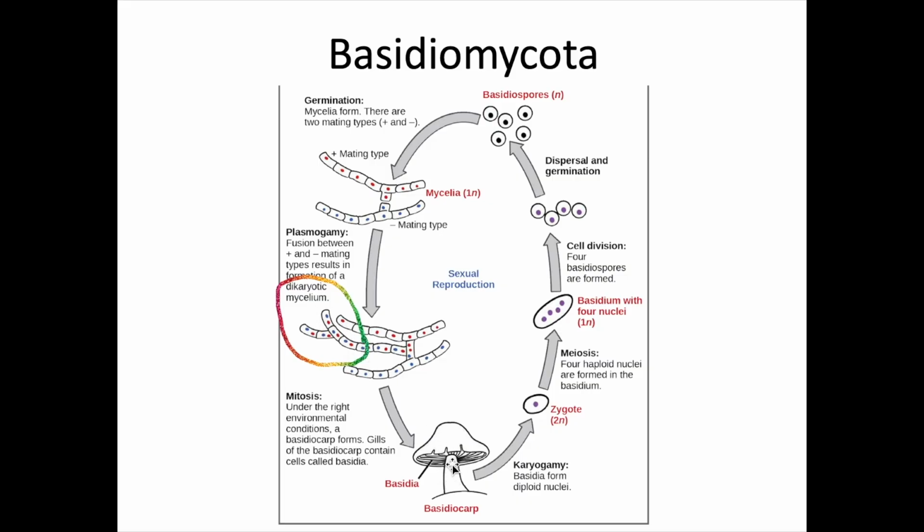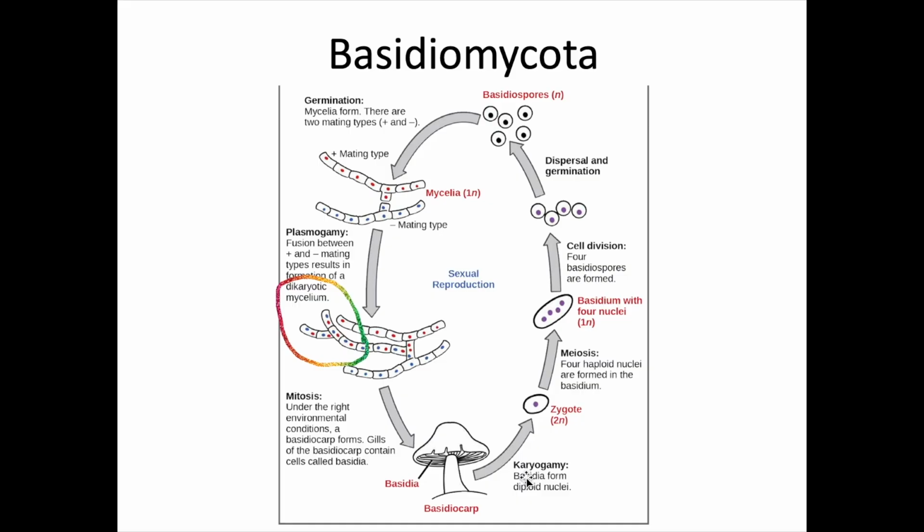Now, they can't stay dikaryotic forever. We have to do karyogamy at some point. So in these structures, the technical term for a mushroom is a basidiocarp. Basidiomycota have a basidiocarp. It's nice when the names line up. In these gills of the mushroom are structures called basidia. And it's in the basidia that we do 1 + 1 = 2.